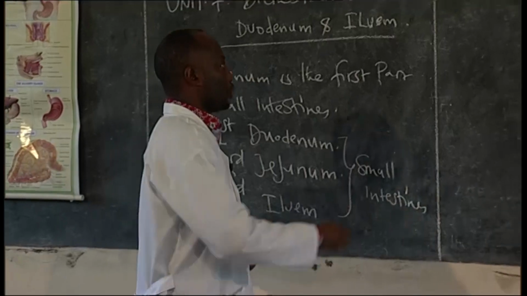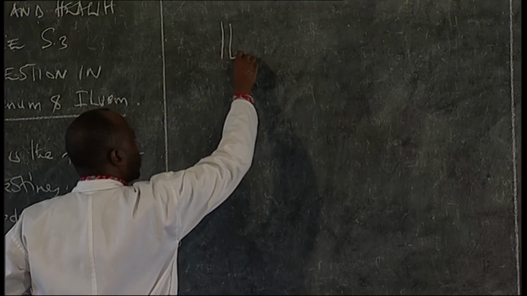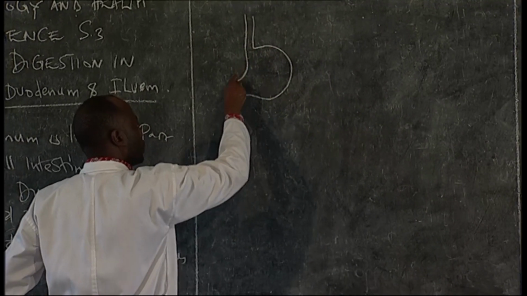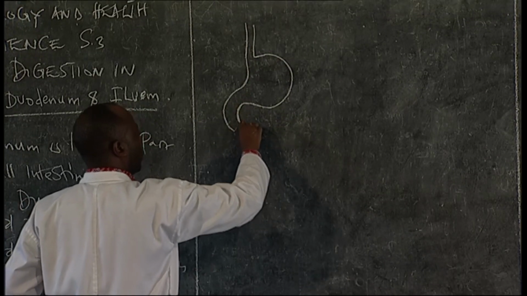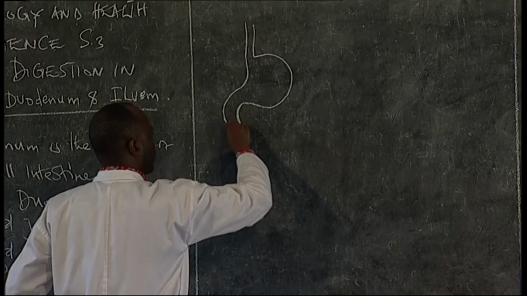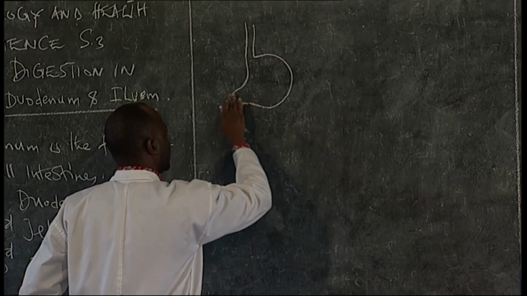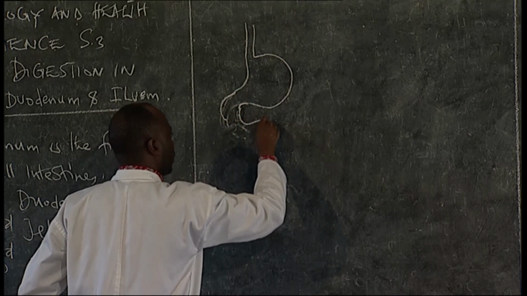This is a diagram that tries to show the structure of the stomach, and the first part of the small intestine, which is a smaller part of the small intestine.